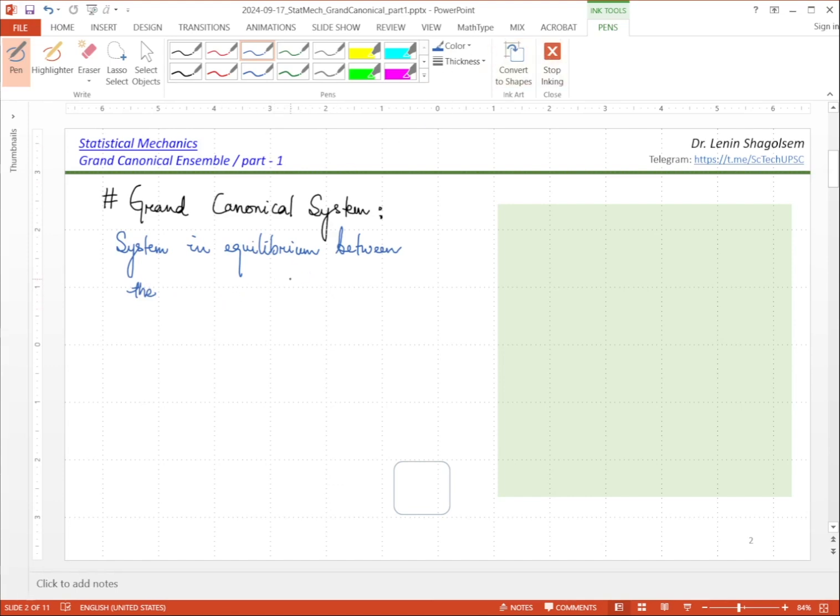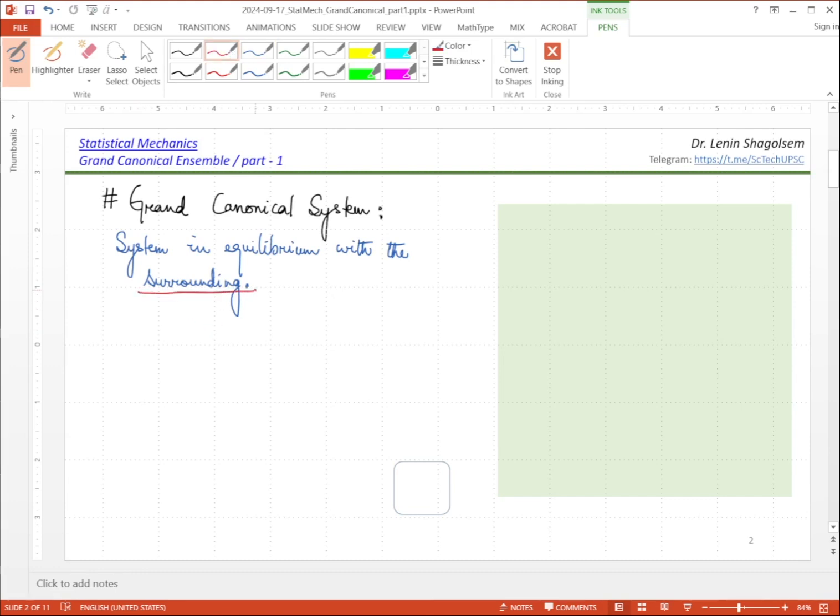A system in equilibrium with the surrounding.